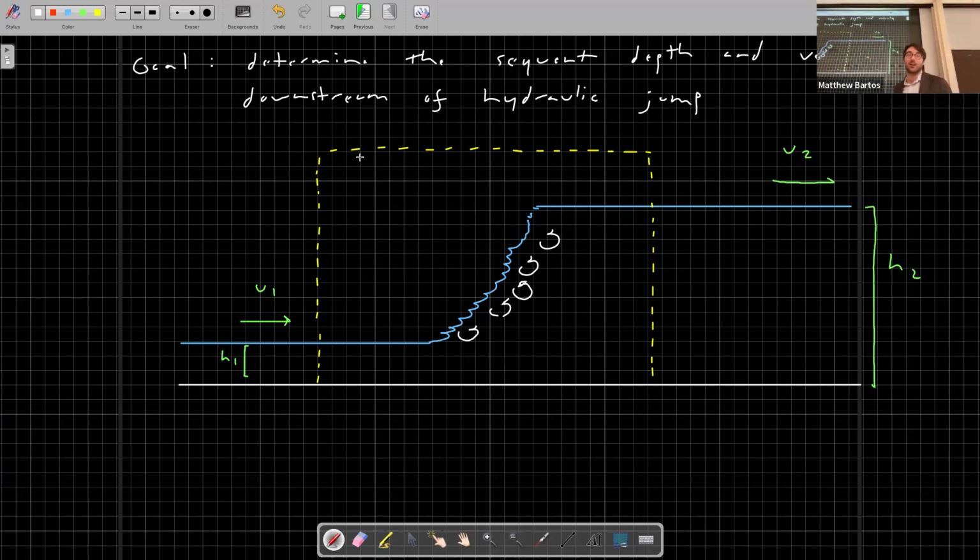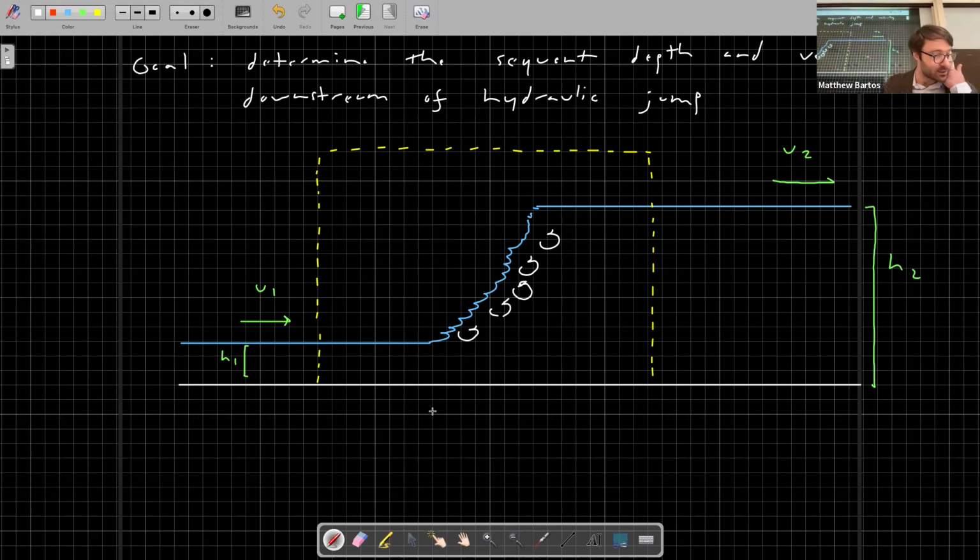So we can apply conservation of momentum, or we can apply a force balance to analyze the different forces acting on this control volume. And from that, we should be able to get another equation that'll help us resolve this upstream and downstream depth and velocity. So let's go ahead and apply Newton's second law.